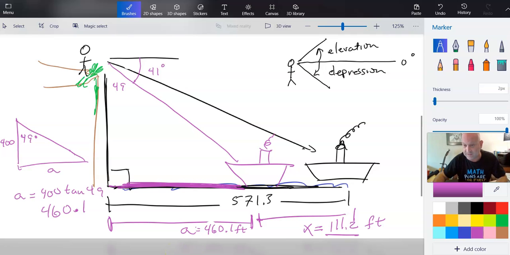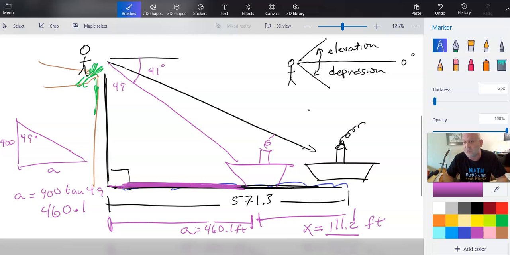So I just want to summarize this. Let's take a look at what we had. We started out with a ship out to sea, we had its angle of depression, and we had our altitude, how high up we were.